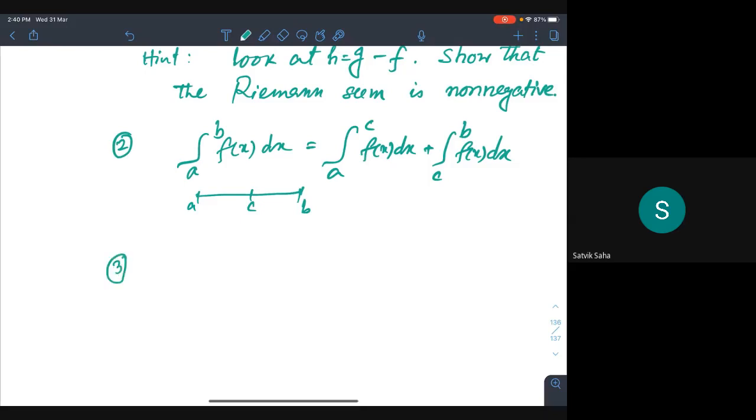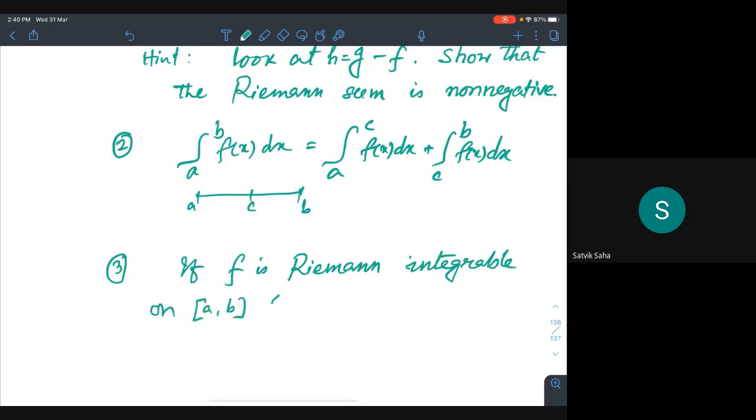Three, suppose f is Riemann integrable on [a,b], then f is bounded.